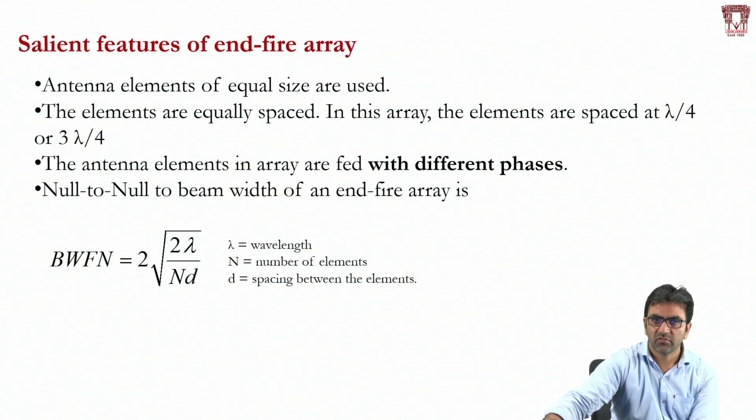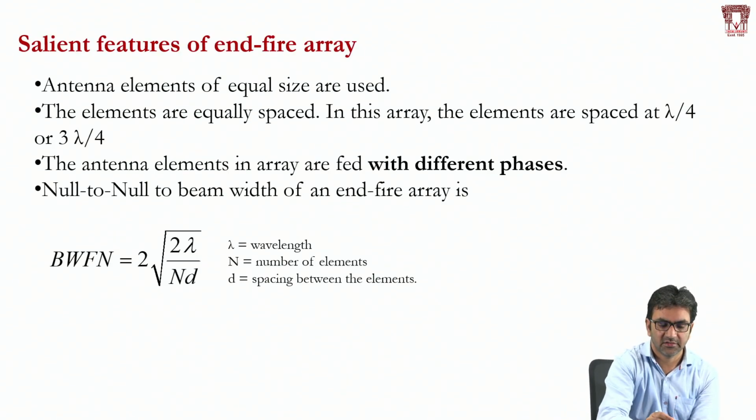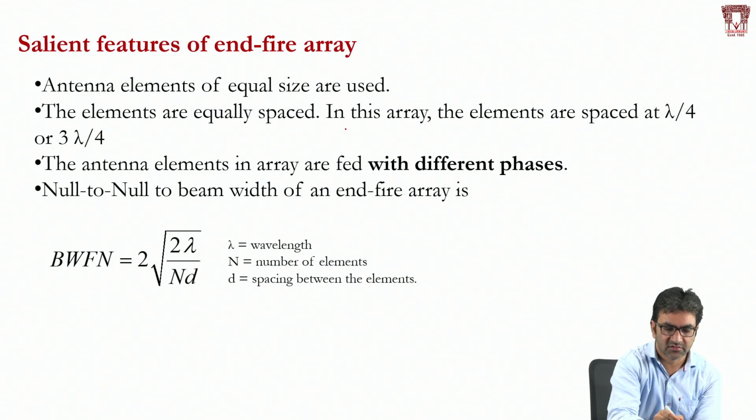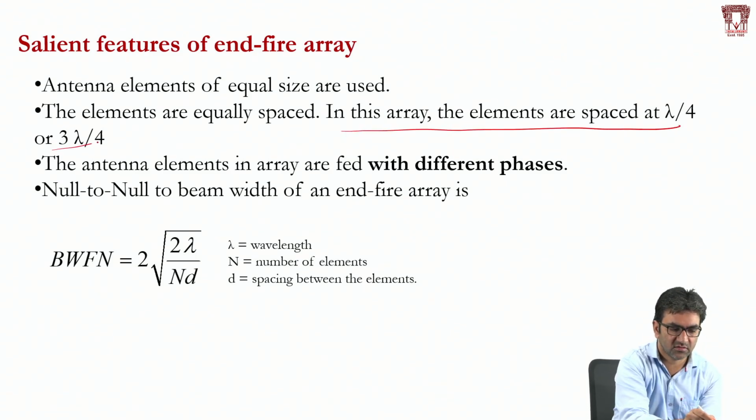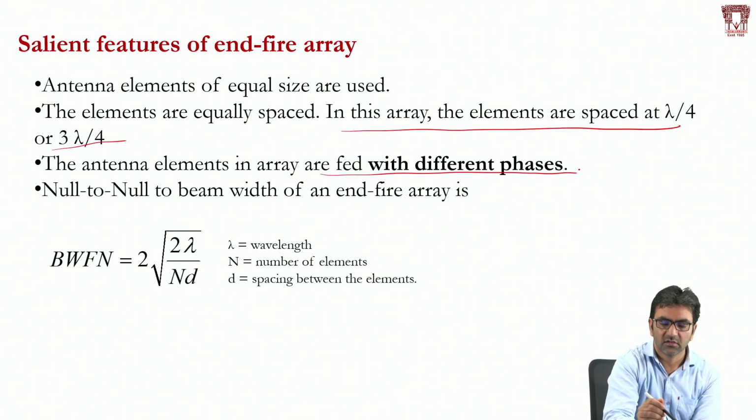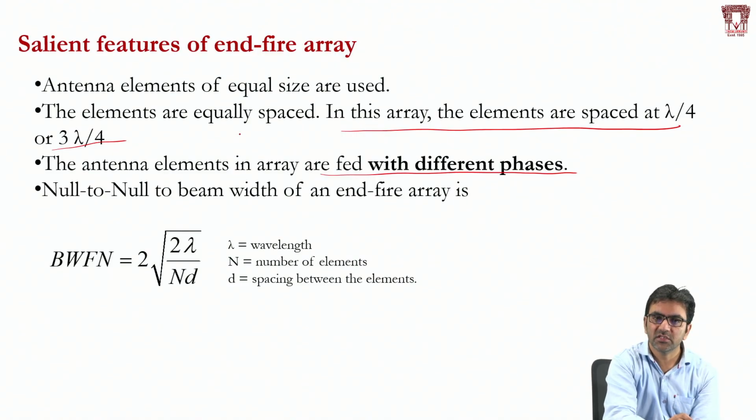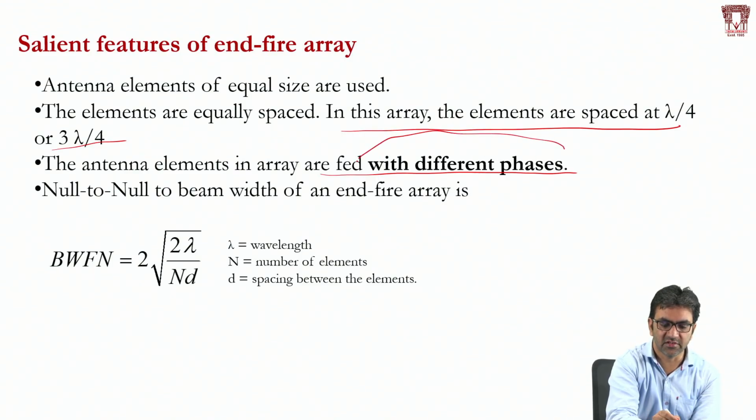Okay, and in case of an end fire array, these are the factors. Like here, again the elements are equally spaced, but the spacing varies from lambda by 4 to 3 lambda by 4, and the individual elements are excited with different phases.